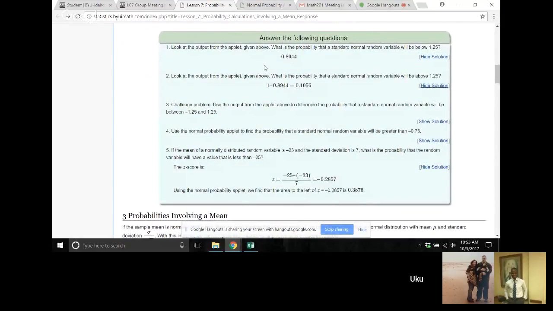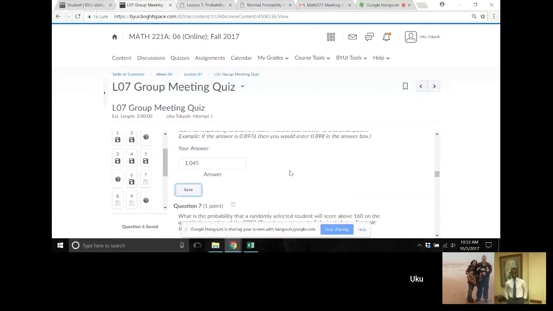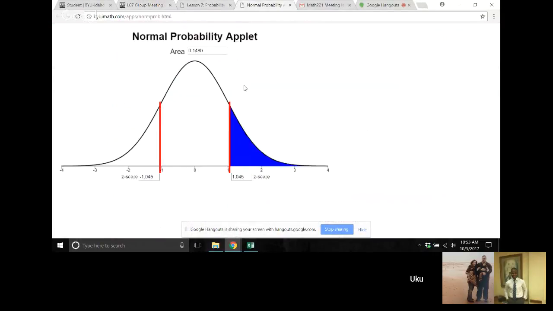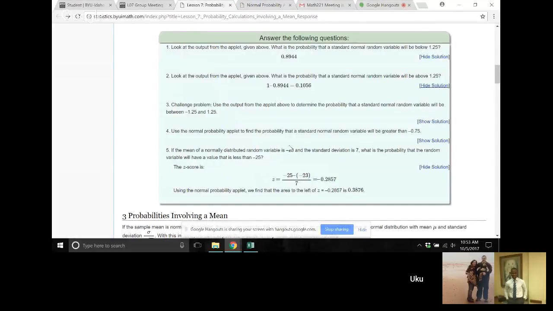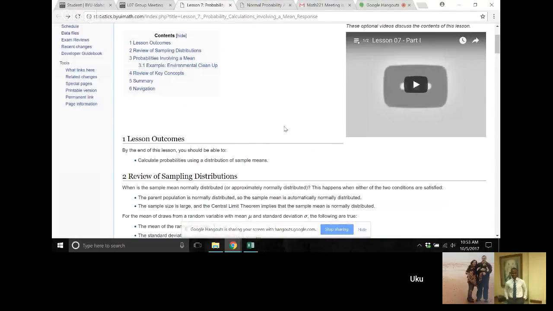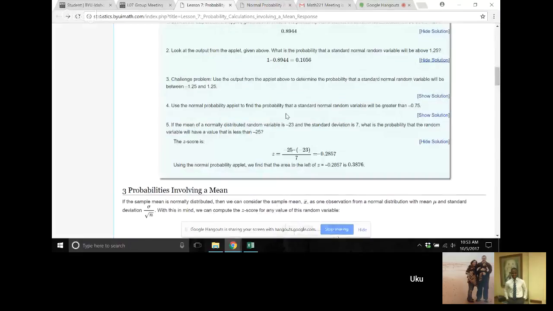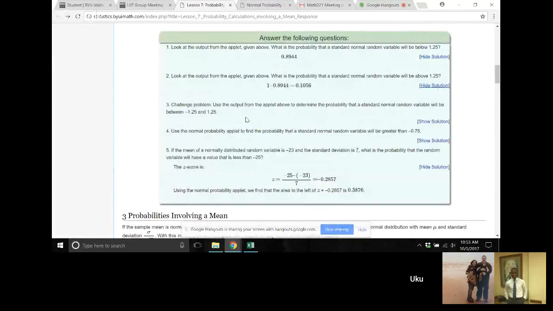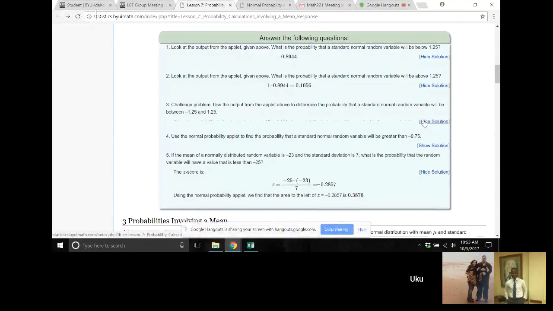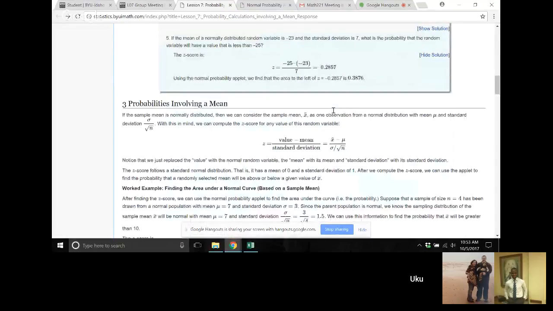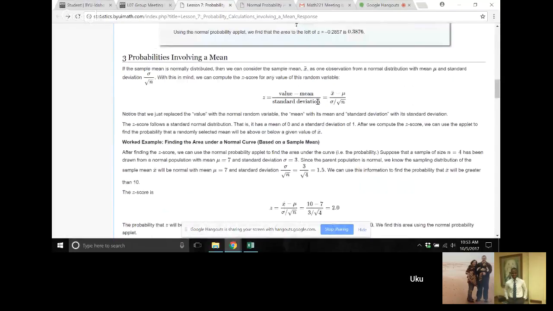How to calculate the z-score? I should write a formula on the z-scores. That's why we did it in steps in question number 7. So the z-score, right here.